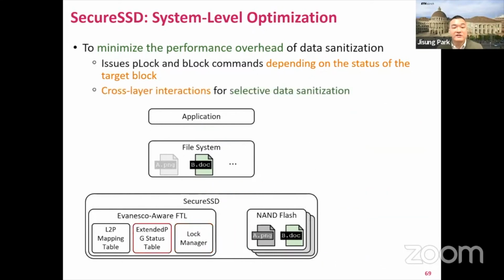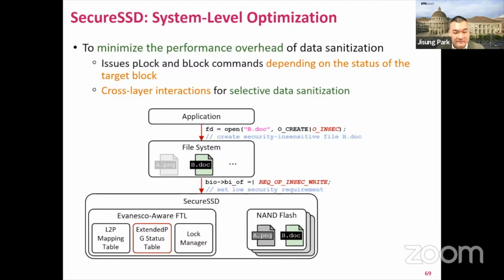The second optimization is cross-layer interactions for selective data sanitization. We envision a system where the user application can inform the SSD of each data's security level through the file system. For example, when the user writes a security-sensitive file, the application sends the information to the SSD so that the SSD can keep track of the security level of related pages.